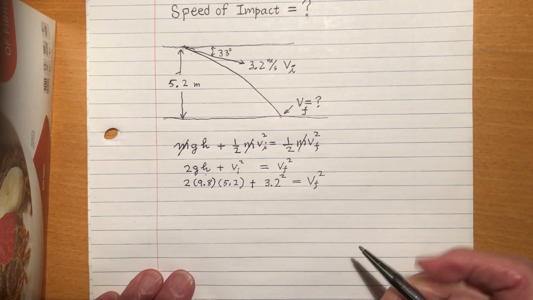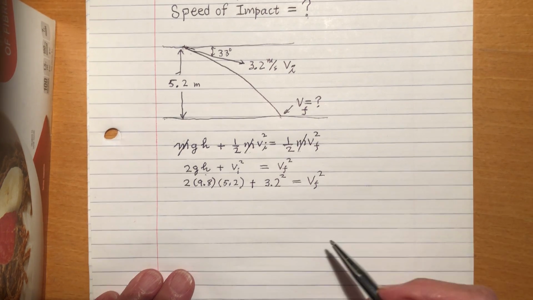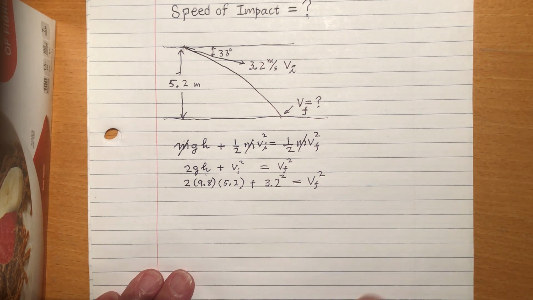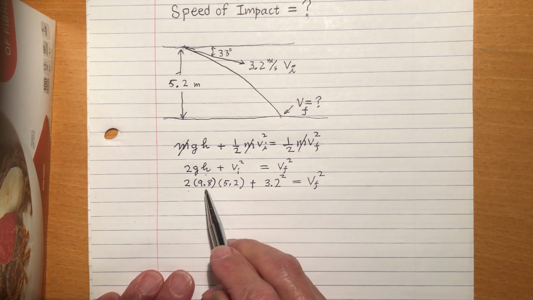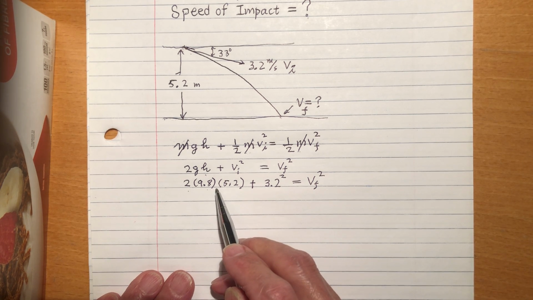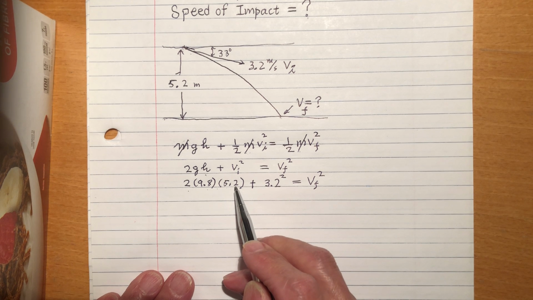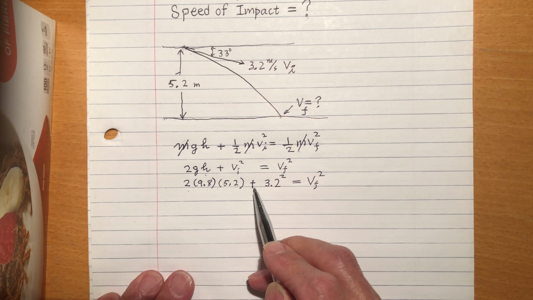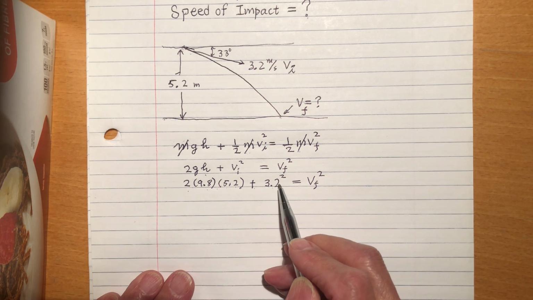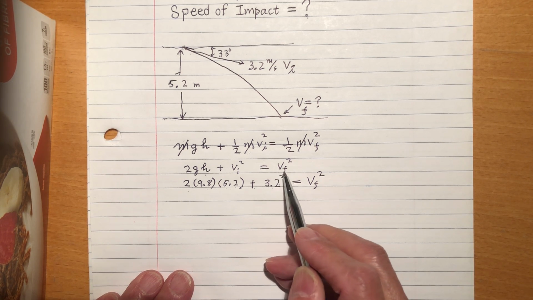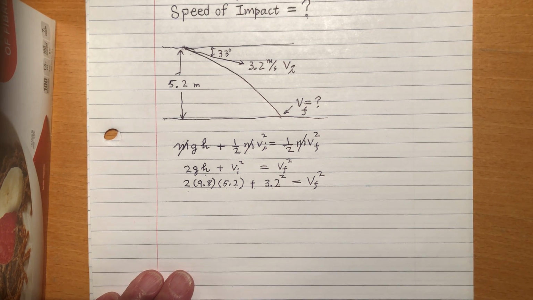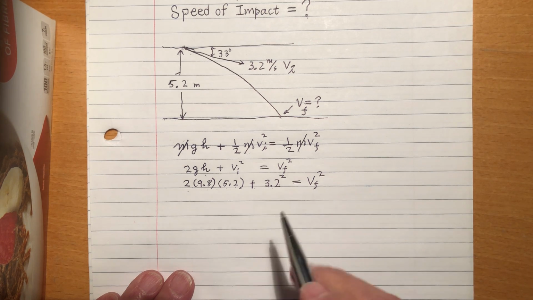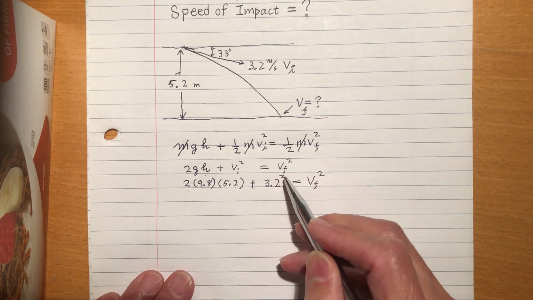Again, using a calculator, in one step, you enter 2 times 9.8 times 5.2 plus 3.2, then press the x square key, which gives you the square.